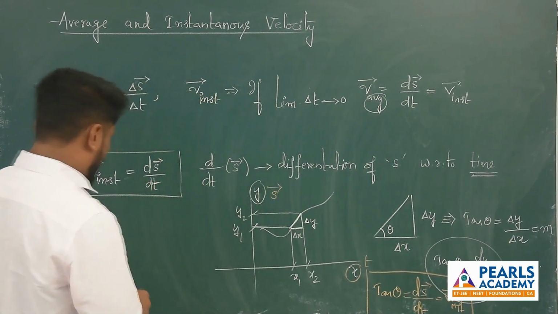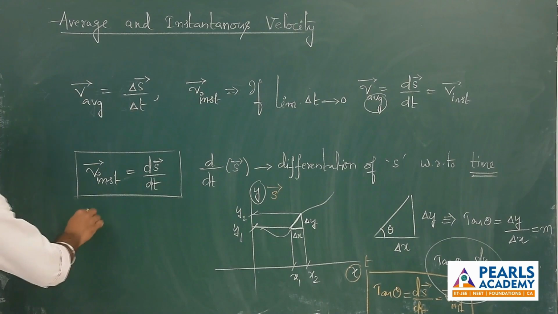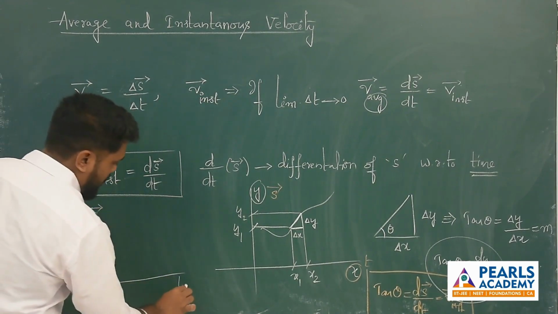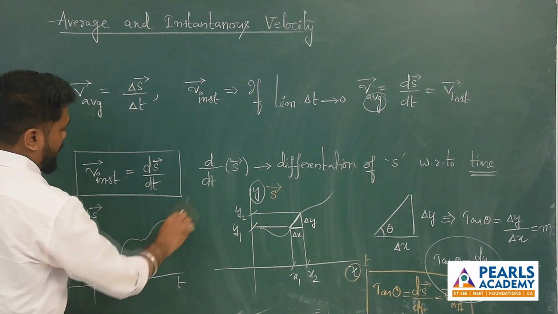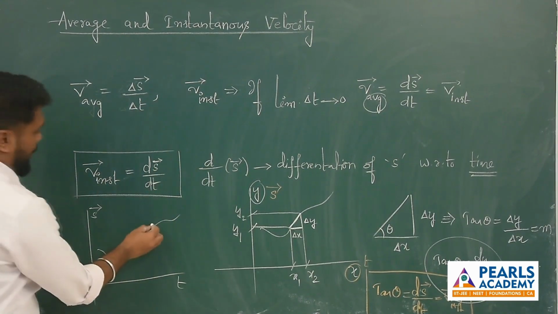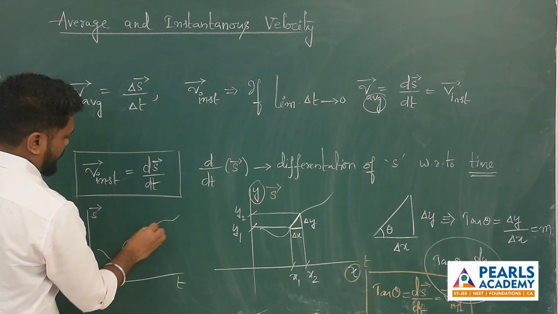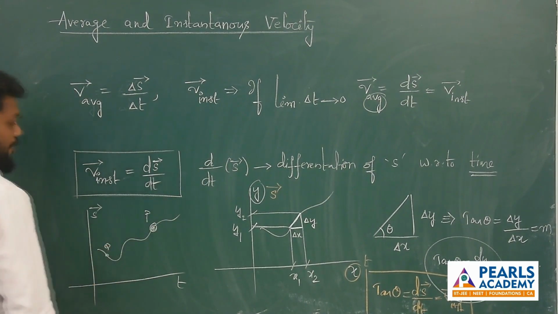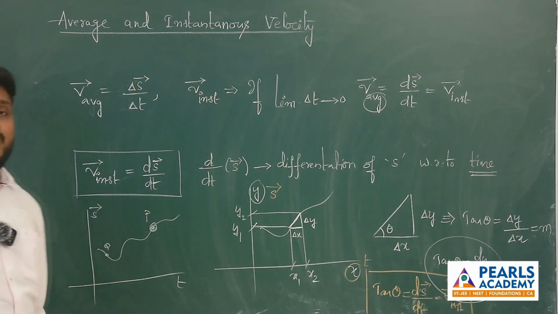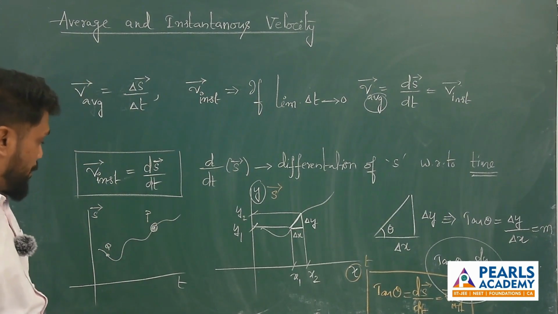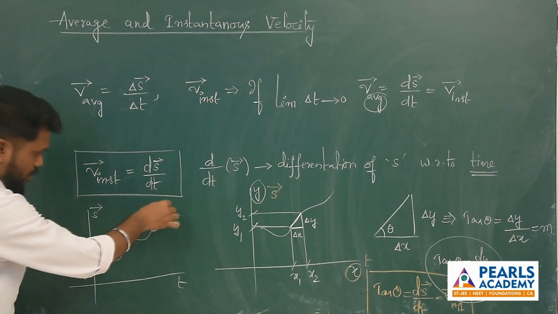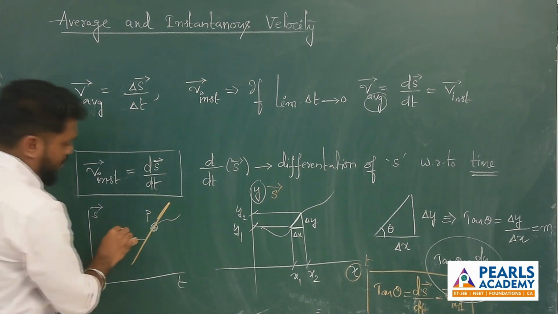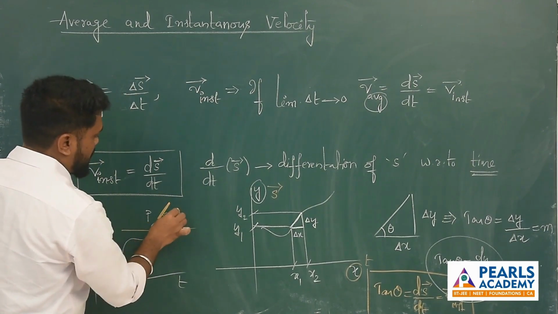Like if we take a situation where the s versus t graph is plotted something like this. If I pick a point P here and a point Q here, and I want to find the nature of the instantaneous velocity at P and Q, I draw a tangent at point P, and with the reference line I take the tangent angle theta.